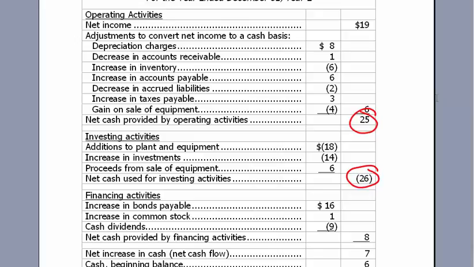And the only reason that your cash increased from 6 to 13 is that you went out and issued more bonds and stock. Well, the problem with bonds is you've got to pay the interest. And the problem with stock is you've got to pay dividends. Otherwise, your investors will sell your stock and put their money someplace else. If they sell the stock, then your price is going to go down. So in the absence of any other information, you're saying they're spending everything that they're making.